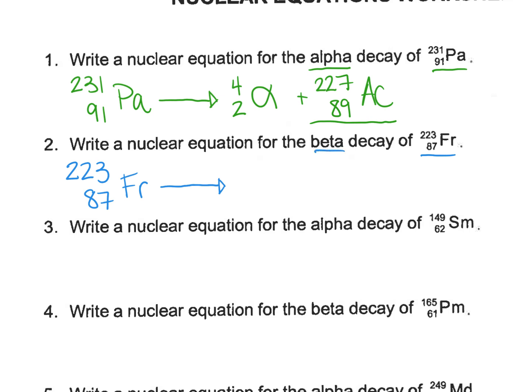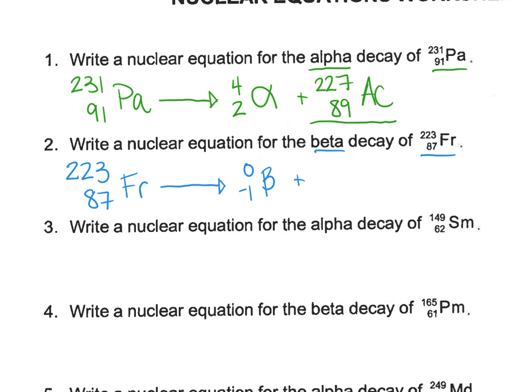And this time it's beta decay. So look at your notes for what you wrote down for a beta particle. For the beta particle, what's the top number? 0. Okay. What's the bottom number? And I'm going to use the beta symbol for this one, and the next time I'll use the e.